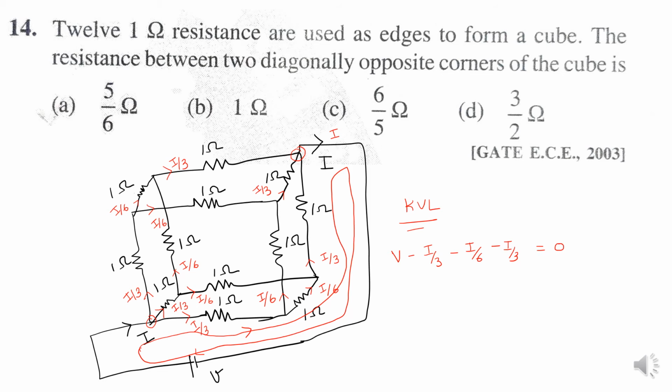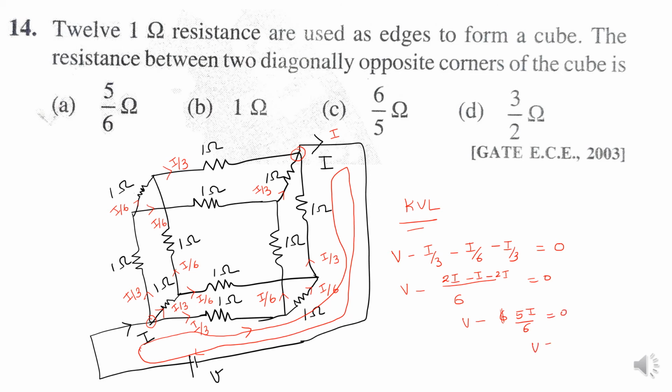See here, V minus, what is the LCM? The LCM is 6. So V minus (2I plus I plus 2I) by 6 equal to 0, so V minus 5I by 6 equal to 0.